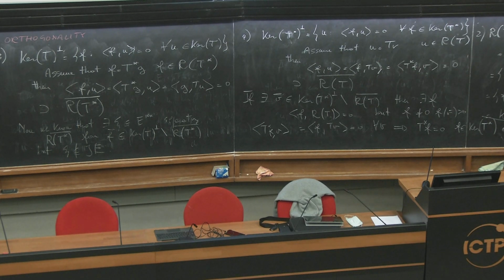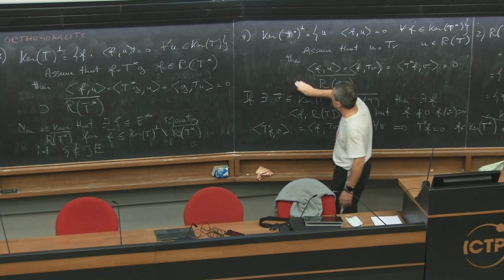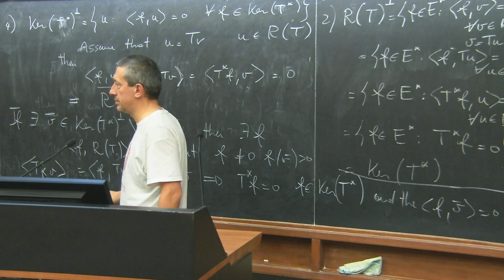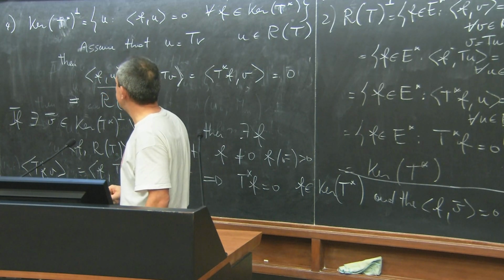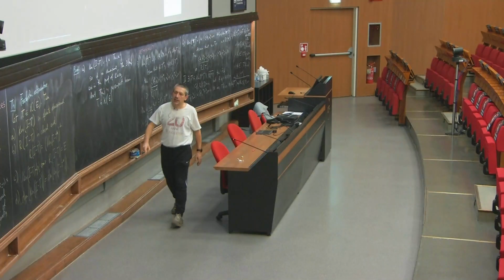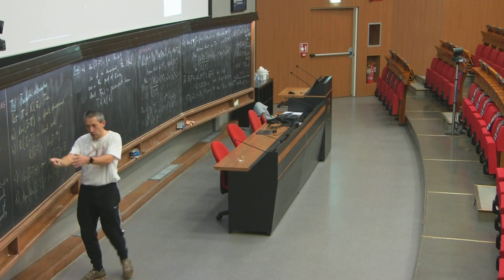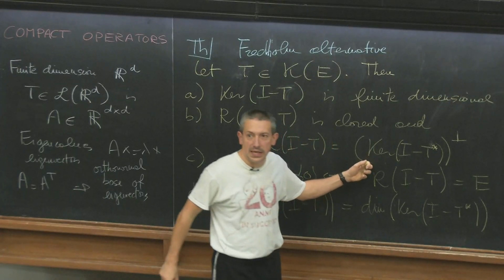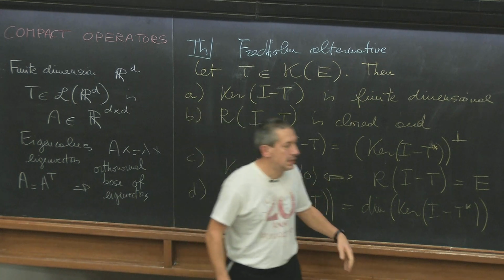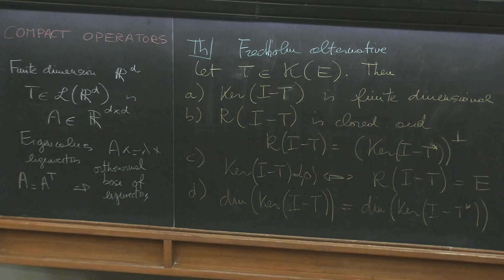Okay, so we discover that actually this is an equality. So now if we go back, if the range is closed, it coincides with the kernel orthogonal. Okay, so we finish here.